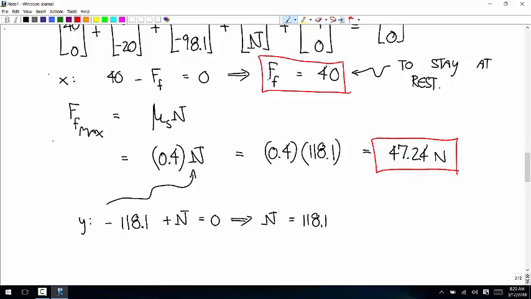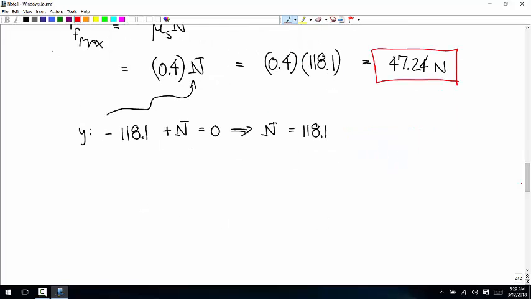If the required force of friction got up to 48, then at that point the thing would start to move. So since the force of friction was less than the force of friction max, this object stays at rest.